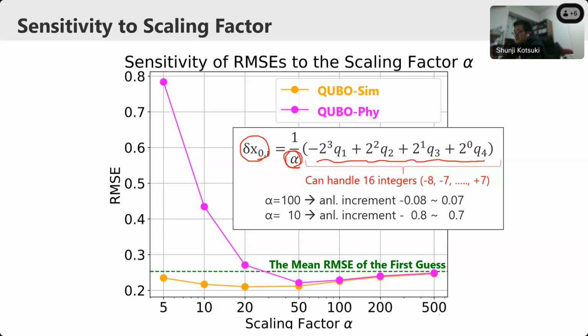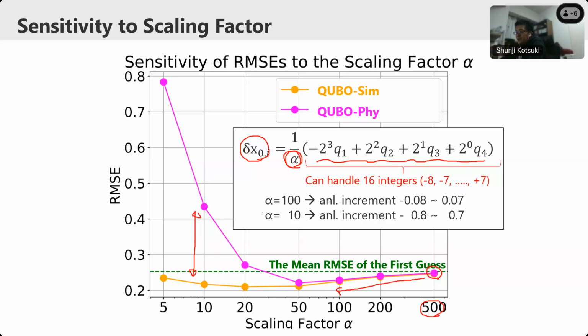When alpha is very large, the analysis increment can be very small. Therefore, the root mean square error is very similar to that of the first case. By reducing the scaling factor, we can handle a wider range of analysis increment, and we can see the reduction of the root mean square error. But as you can see, there is a large discrepancy between the simulated quantum annealer and the real quantum annealer.